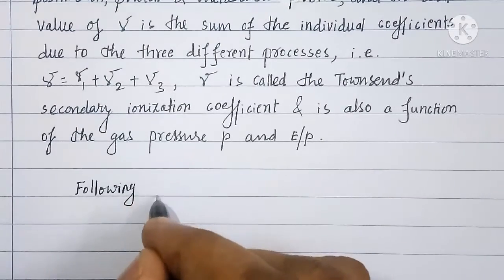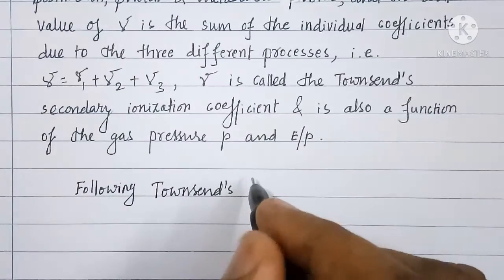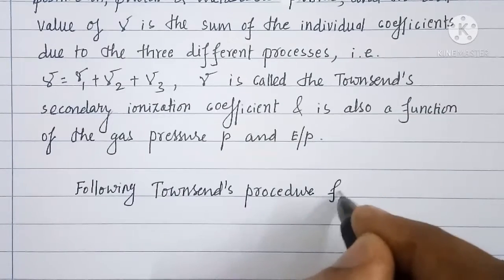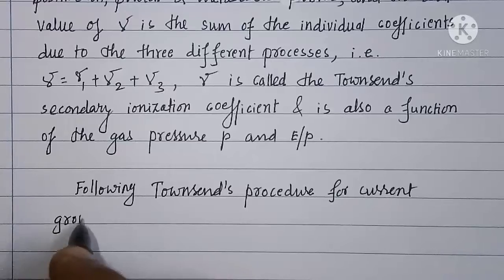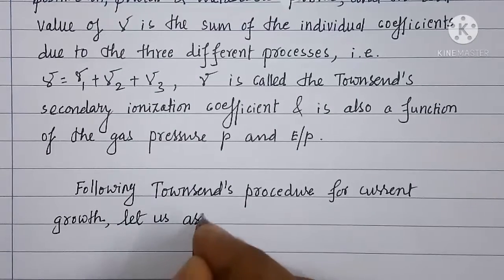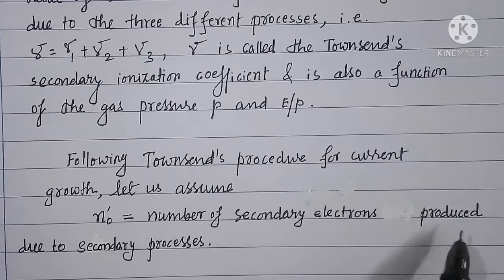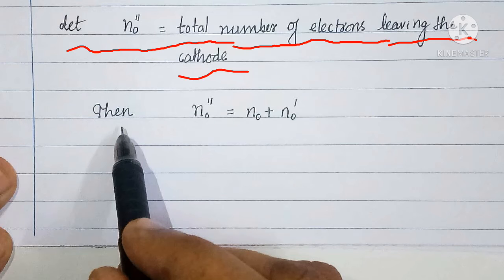Following Townsend's procedure for current growth, let us assume N0 dash is the number of secondary electrons produced due to secondary processes, and let N0 double dash be equal to the total number of electrons leaving the cathode.